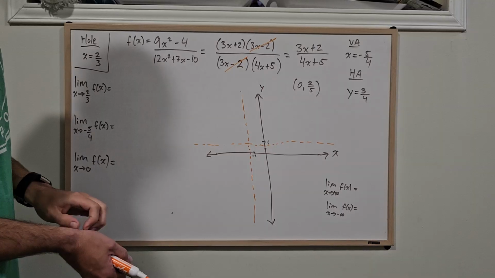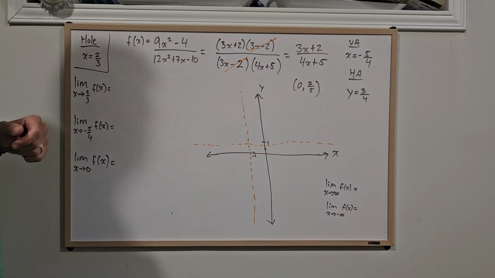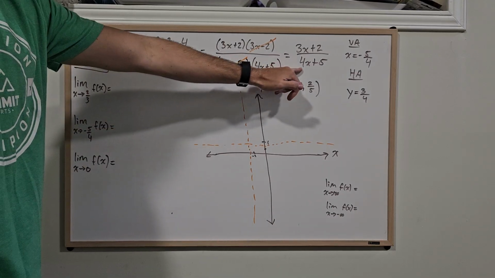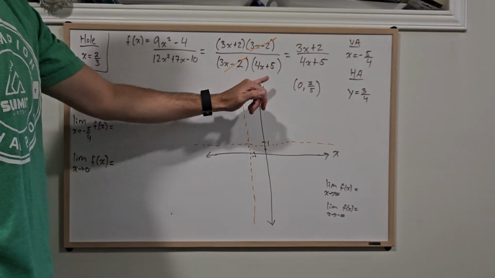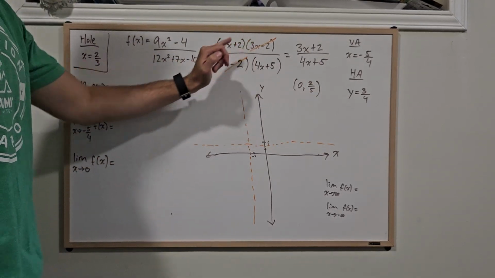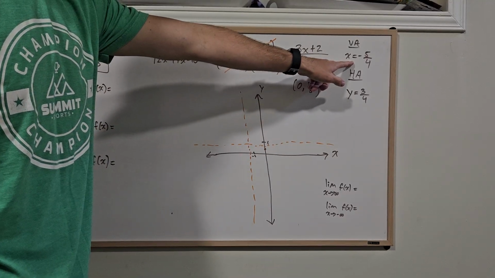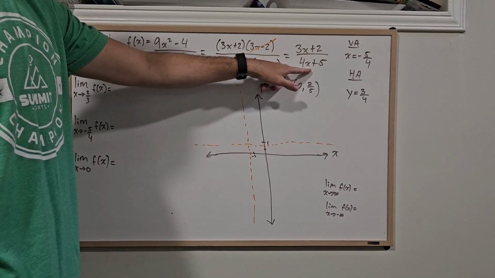I'm going to put that up here, just as a reminder that there's a hole there. Now we write the simplified form of our function, which is 3x plus 2 over 4x plus 5, the two things left after canceling out the 3x minus 2 terms. To get the vertical asymptote, we set the denominator equal to 0.